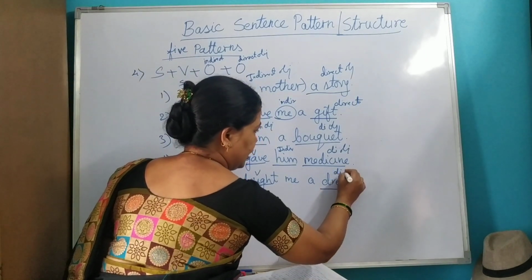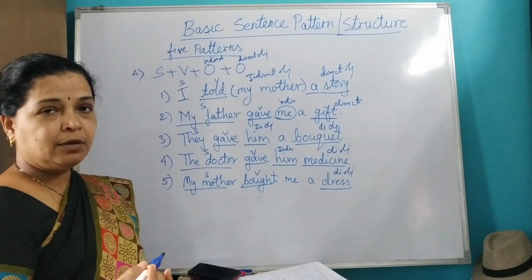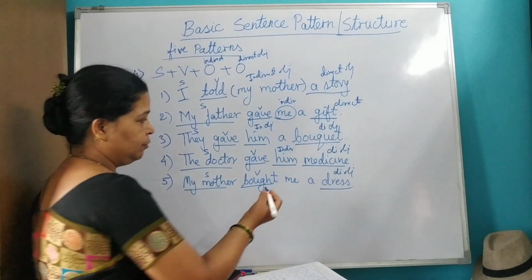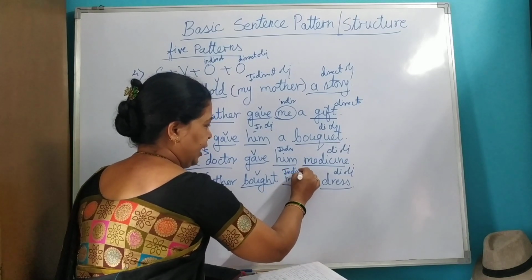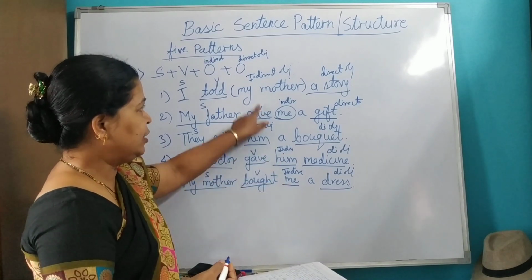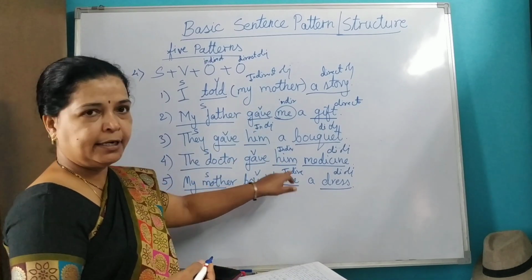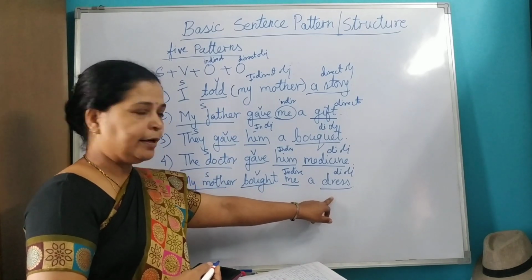So direct object. Bought a dress for whom? Me. So me, indirect object. So just see, we have seen here in all these examples, indirect object, it is coming between the verb and the direct object.